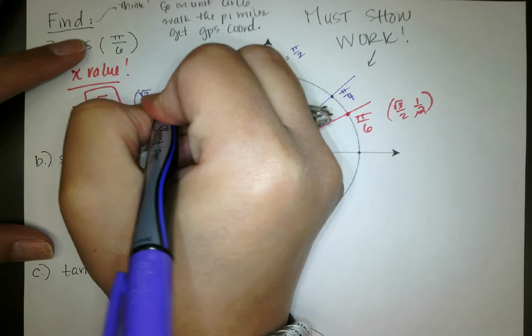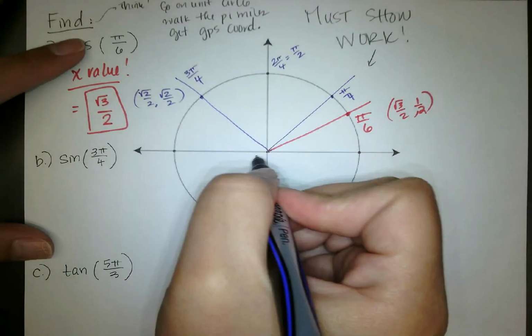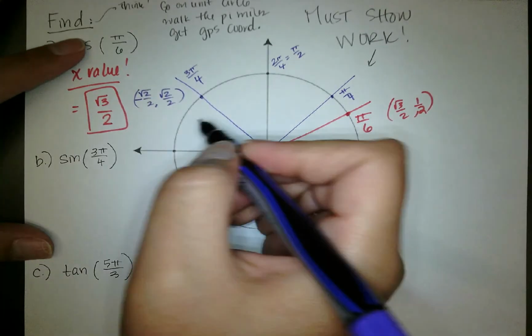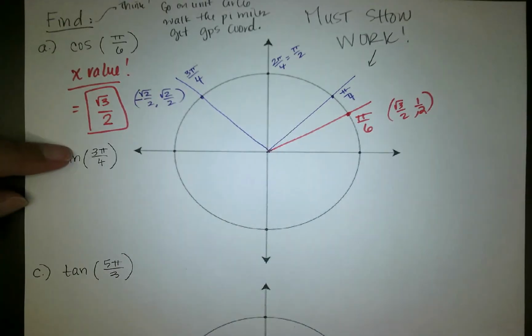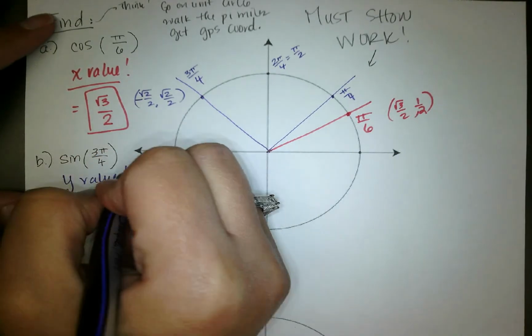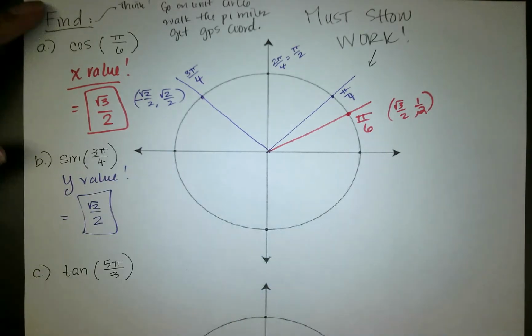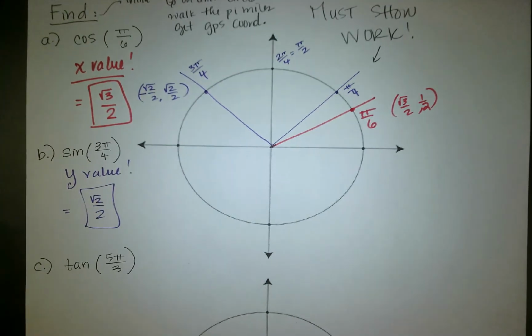They're the same thing, square root of 2 over 2, square root of 2 over 2, but when you get to this point, you move left on the x-axis, so that's negative, y is positive. Alright, so my sine value, that is y value, and that is square root of 2 over 2. Done. Okay. So pick off the y value, that's what you're looking for, because it's sine.